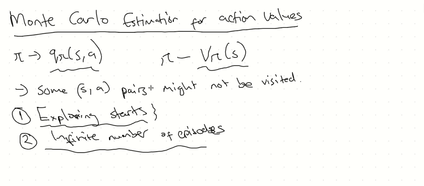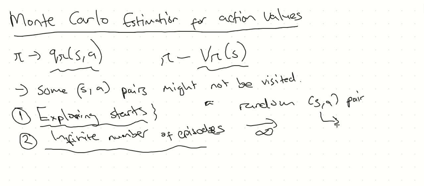Every time we initialize, we start from a random state action pair with equal probability. So as we approach infinity episodes, every state action pair will be visited. That's why we have these assumptions, exploring starts and an infinite number of episodes.